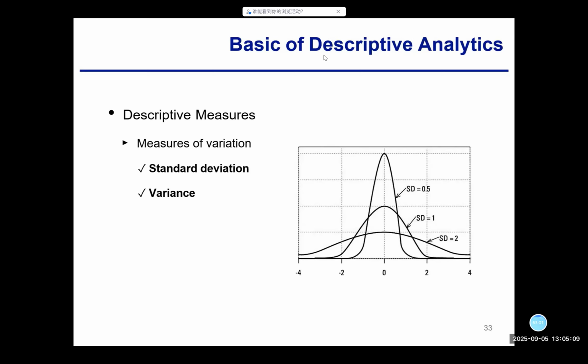And also the discrete measures should include the measures of variation, because relying only on the center, the lowest point, and the highest point will not tell you that much information if you do not discuss the measure of spread or the measure of variation. In statistics, this is called the second moment, not important. And equivalently, we may use either standard deviation or variance.